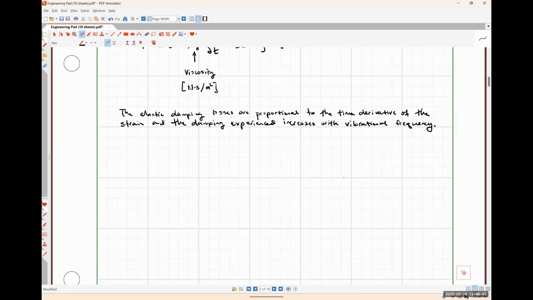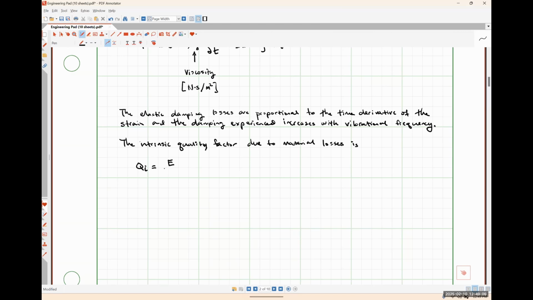Our intrinsic quality factor due to material losses will be defined as Q sub I.